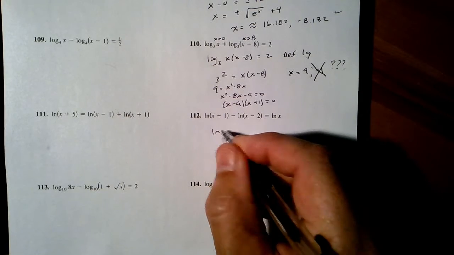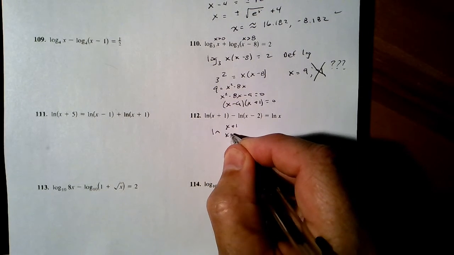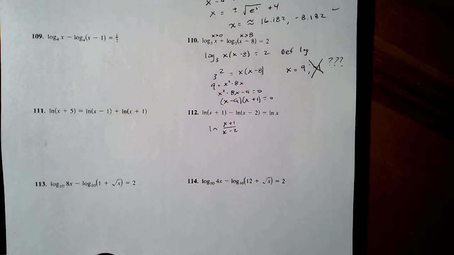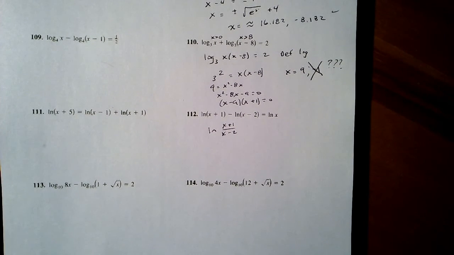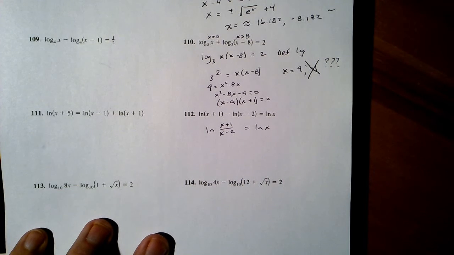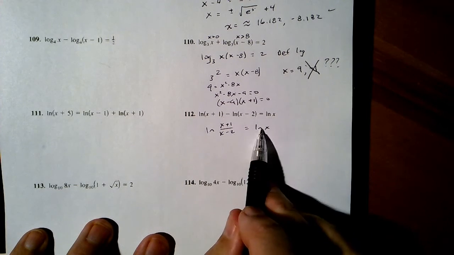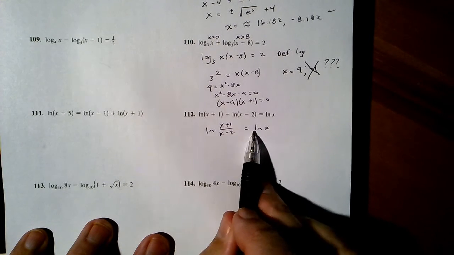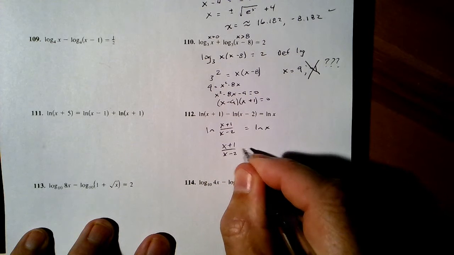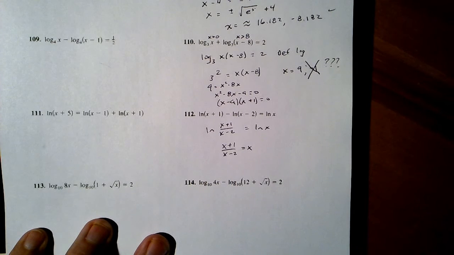So this is ln of x plus 1 on x minus 2, with property 2 from our logarithm properties, equals ln x. But logarithms are 1 to 1, so we can drop the logarithm. X plus 1 on x minus 2 equals x.